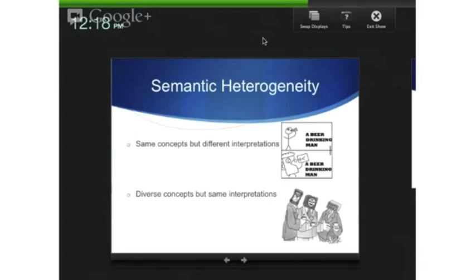So even though the name remains the same, they have different interpretations. So it's hard to combine two schemas which have the same concept name but different interpretations, unless we have some sort of link for each database schema to what they mean. So it would be hard to know whether it's a beer drinking man or a beer is drinking man.